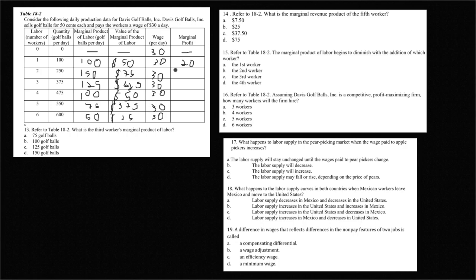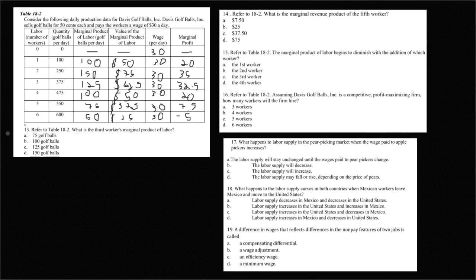So 75 minus 30, 35. Let's see here, 62.5 is 32.5. That's 20. There's a point there, so that's 7.5. And this is negative 5.